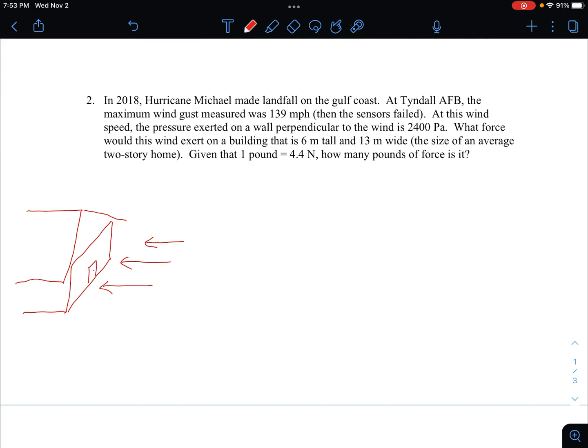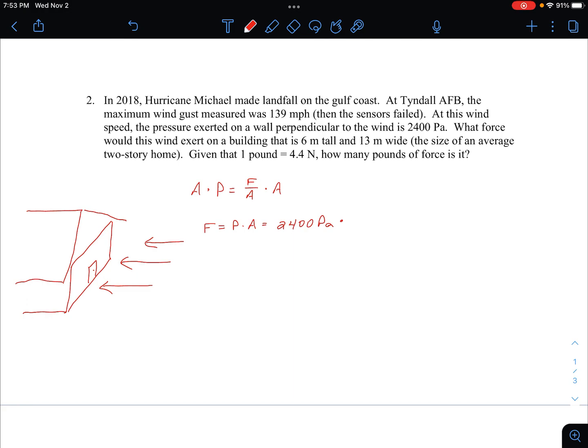What's the force exerted? So we know that pressure is force divided by area. Well, if I simply multiply both sides of the equation by area, I get an equation for force. Force is the pressure times the area. So we can simply plug in what we know, which is the pressure is 2,400 pascals.